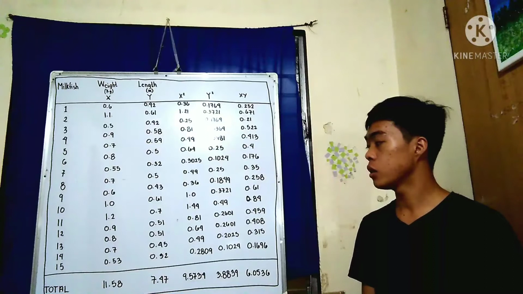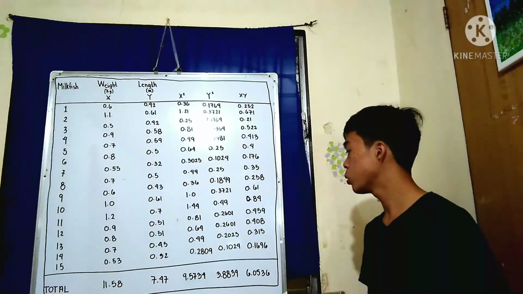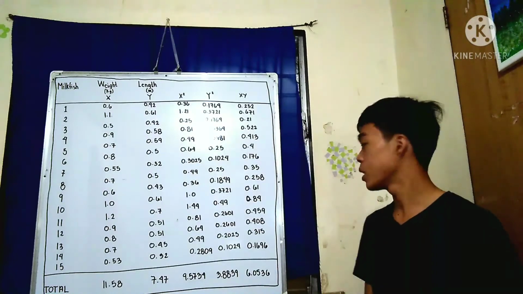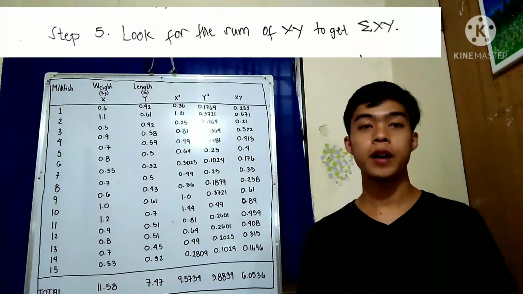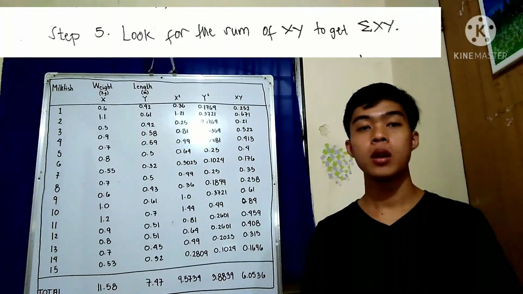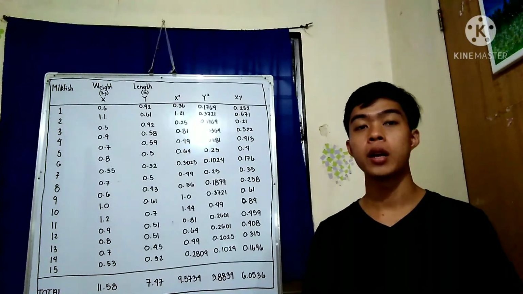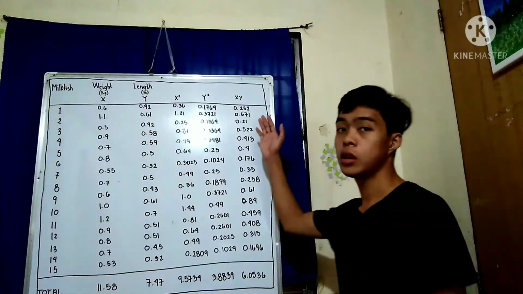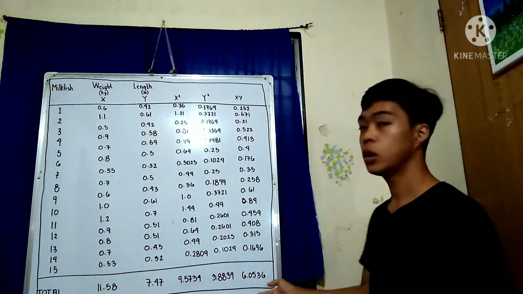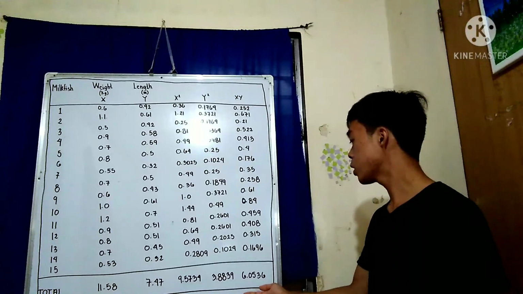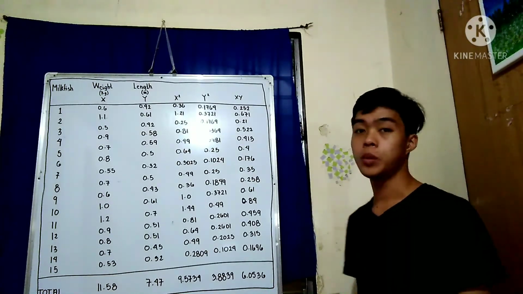And the last, 0.53 times 0.32 is equal to 0.1696. Now, step 5 is to look for the sum of xy to get the summation of xy. We will total our xy and come up with 6.0536. So this is now our summation of xy.